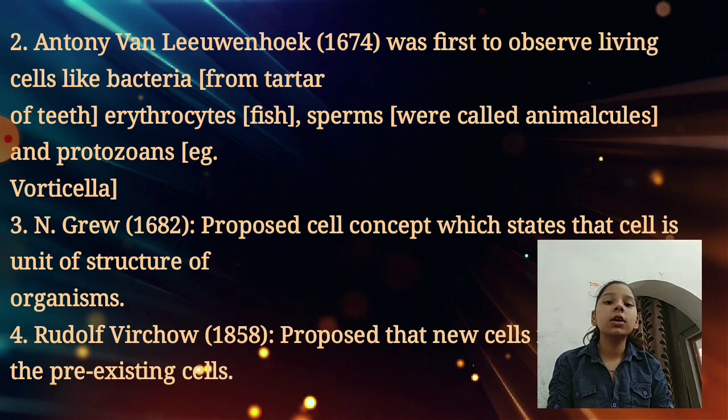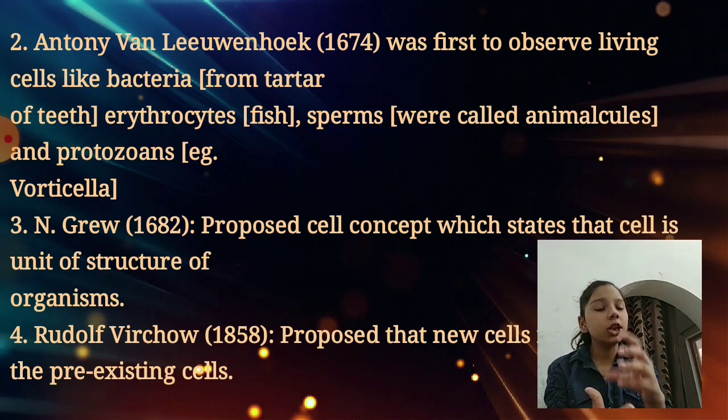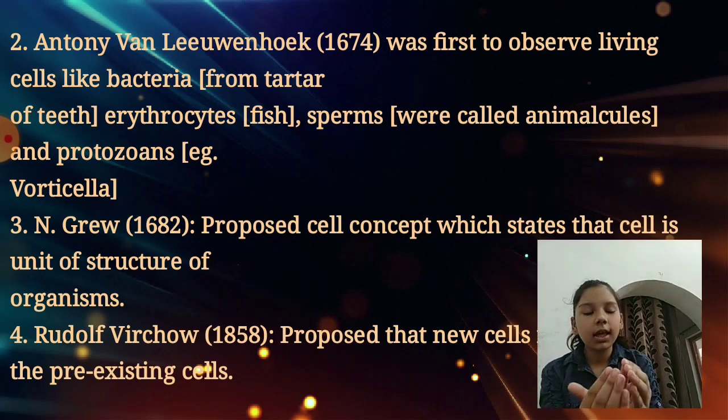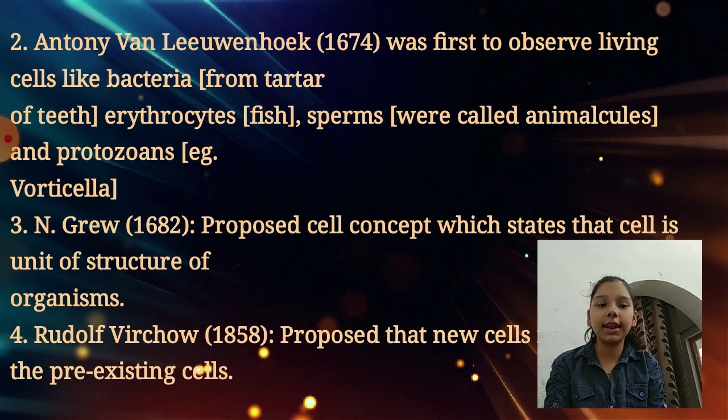Who proposed? Rudolf Virchow. In which year? 1858. He said that if a cell is dead, from the dead cell a new cell will grow. So he proposed that theory. Who proposed? Rudolf Virchow in the year 1858.